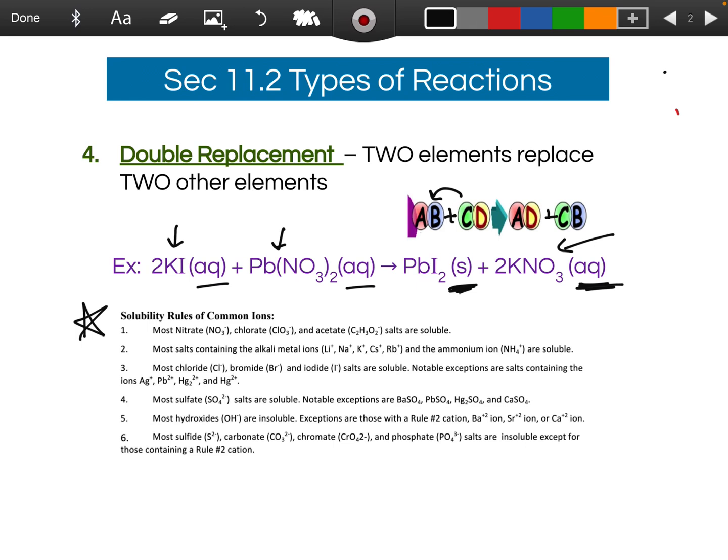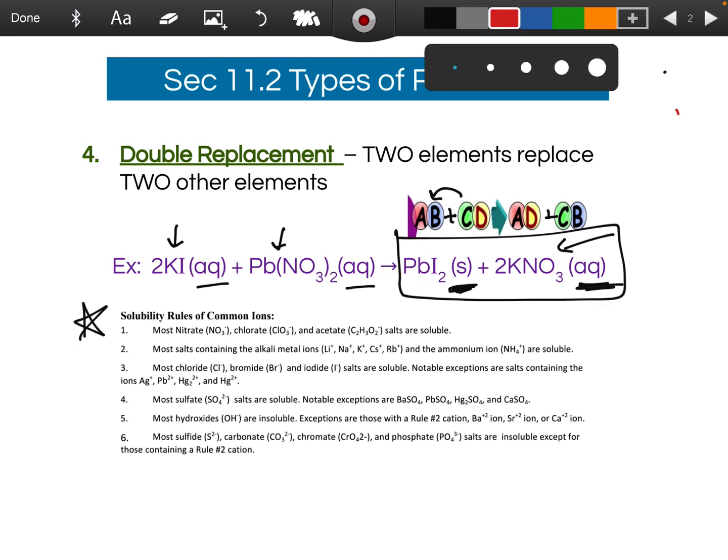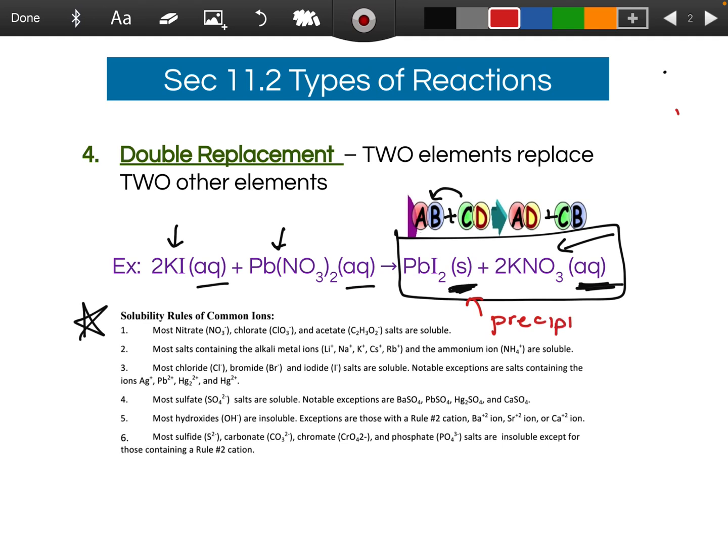So when you figure out what your products are, you're going to use the solubility rules to figure out which one is the precipitate. The precipitate is going to be the solid. Okay, so most of the rules, like nitrates, chlorates, acetates, are going to focus on the negative ion.